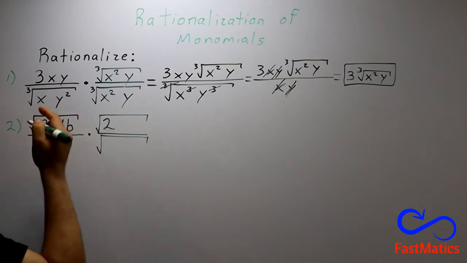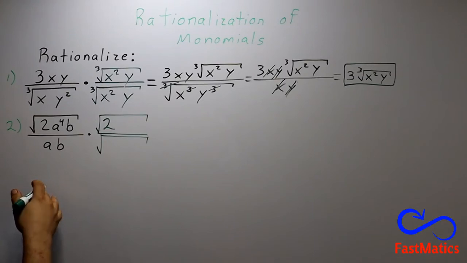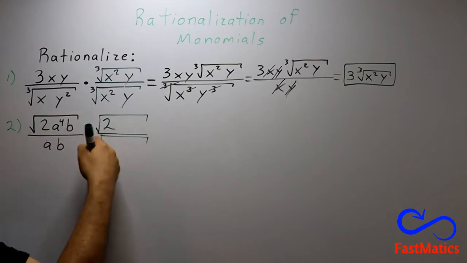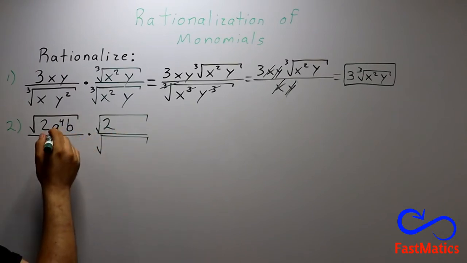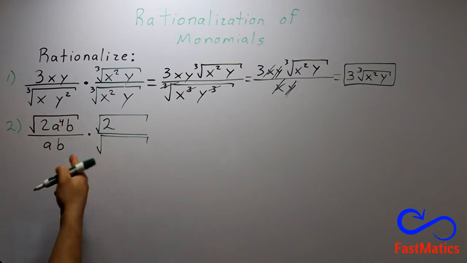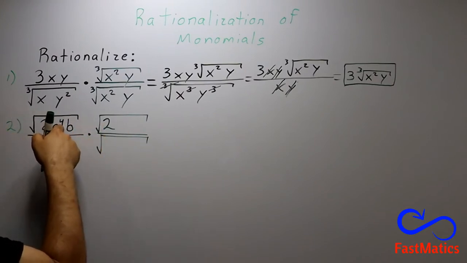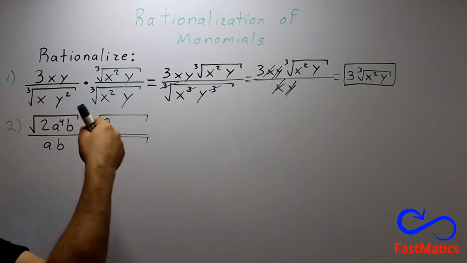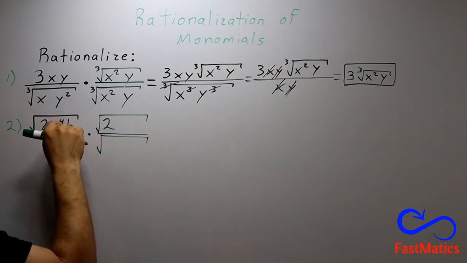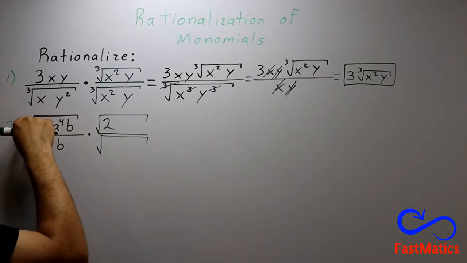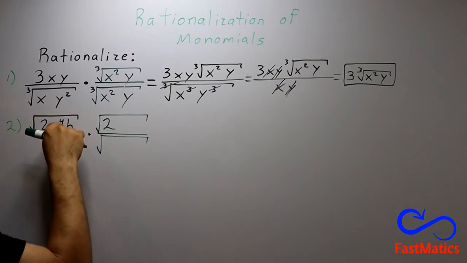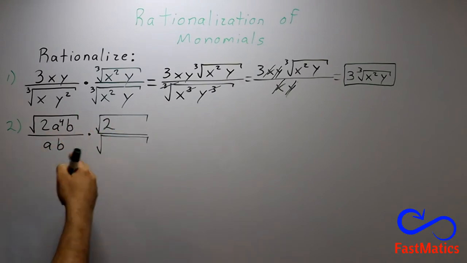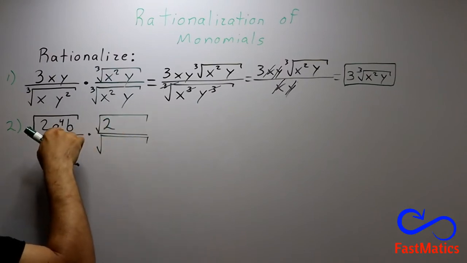The a to the power of 4 doesn't need to be put, because here you could need an even exponent, since it is a square root, and here you have a number that is bigger than this exponent. If you think a little bit about properties, you can simplify this 4 with this 2, because a to the power of 4 can be written as a squared times a squared. So you don't need to write anything about a.